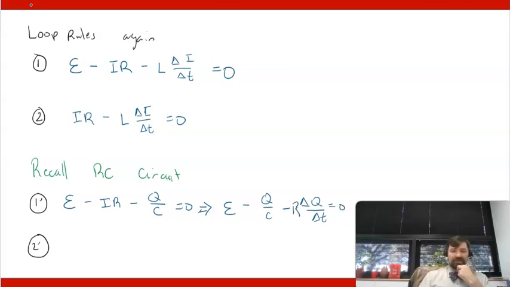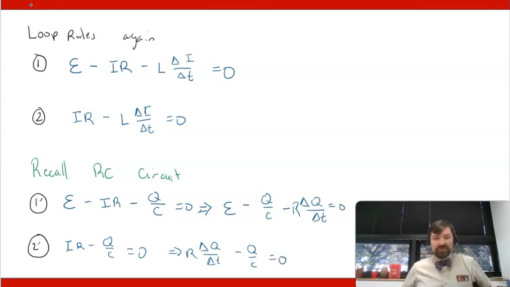And then down here, by rewriting the current, you'd have IR minus Q over C is 0, and so delta Q over delta T times R minus Q over C is 0.